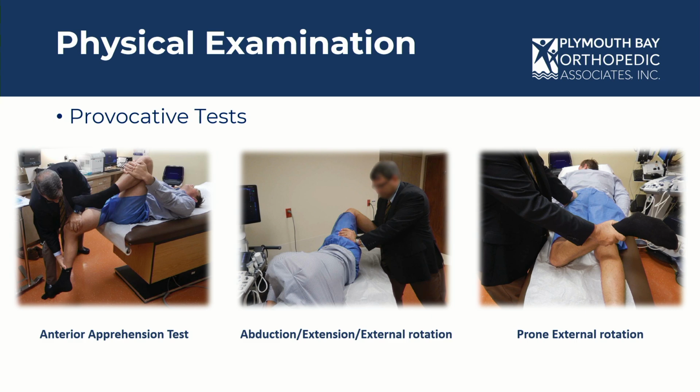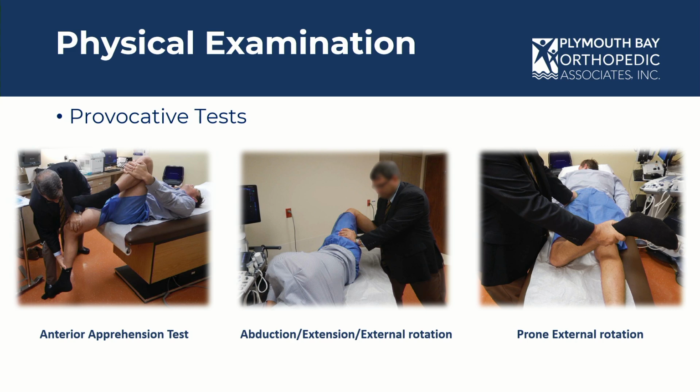So in this first one, the force is applied down towards the ground, and you're essentially levering the femoral head forward. And with the abduction, extension, and external rotation, the prone external rotation test, you put your hand on the trochanter itself as you're doing these maneuvers, trying to push that hip outside of the bony congruence and bony restraint that it has.